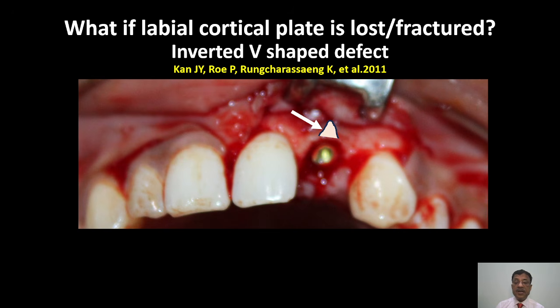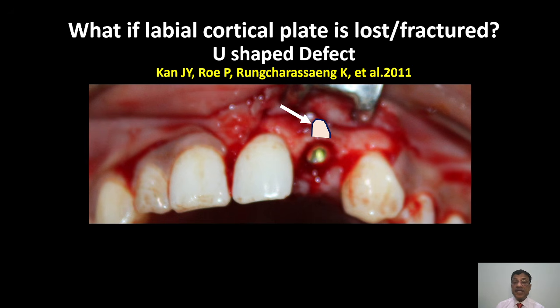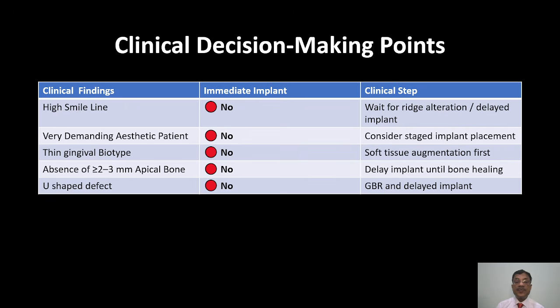If it is inverted V-shaped, it is still favorable, but if it is a U-shaped defect in the labial cortical plate, the clinical outcome is less favorable, because there is more loss of alveolar bone proper and bundle bone, and it has its clinical significance.